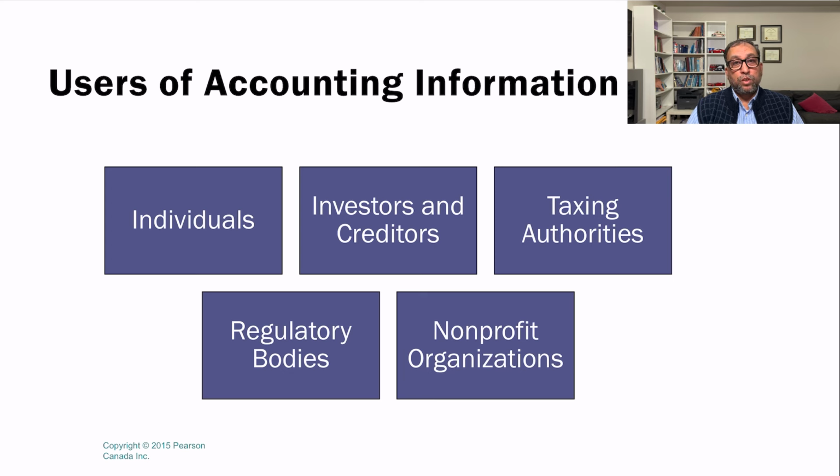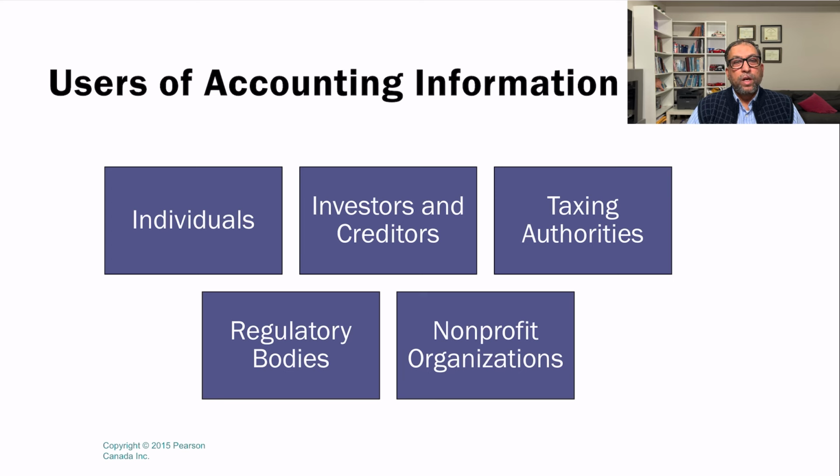The other one, which is the most important one, is the investor, a potential investor for a firm. The way he can get information about the business in which he plans to invest is these financial statements.